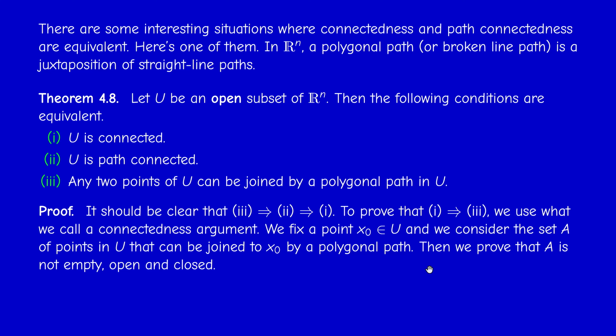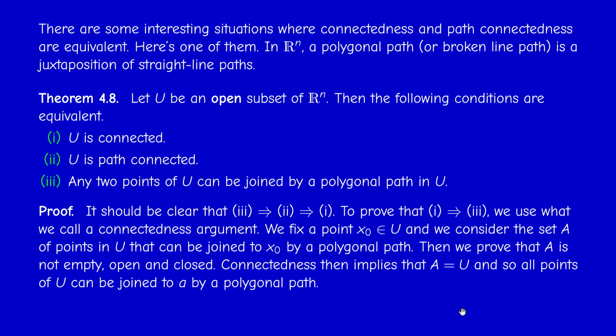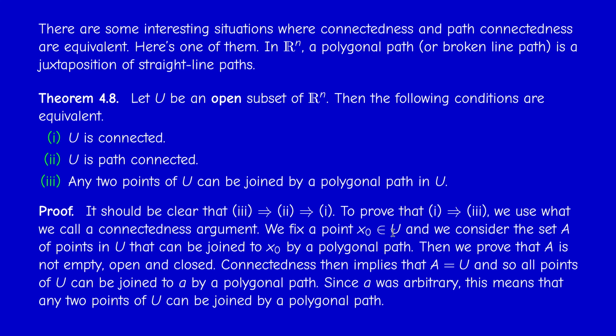Then we prove that A is not empty, open in U, and closed in U. Connectedness of U then tells me that necessarily A is equal to U. What does it mean that A is equal to U? It means that any point in U can be joined to x0 by a polygonal path. But since x0 is arbitrary, this means that any 2 points of U can be joined by a polygonal path.